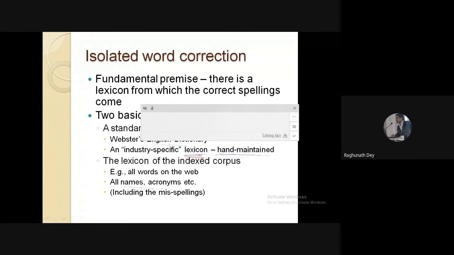This dictionary can be an English dictionary, or else you may maintain a handmade, human-made lexicon, industry-oriented, depending upon the different products developed or created by that particular industry, so that you are building that kind of lexicon.